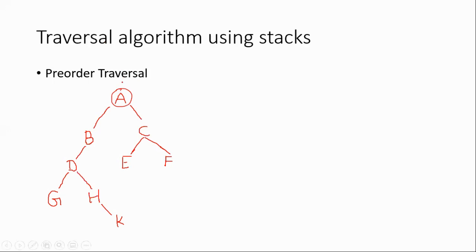Traversing means we can track the binary tree by following any path, but the right way of doing it is by using the proper algorithm.